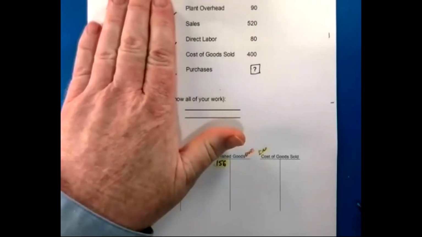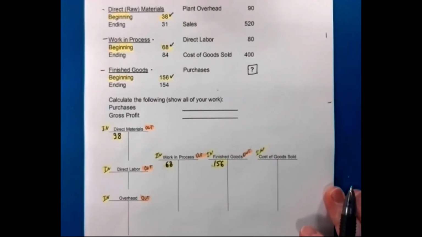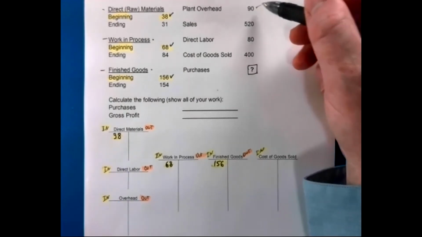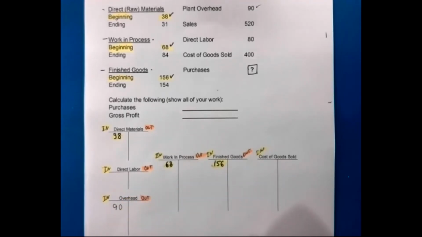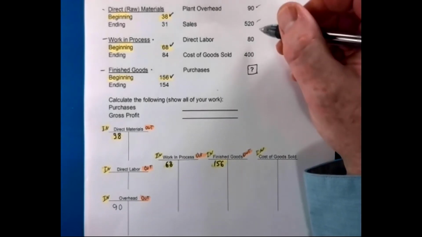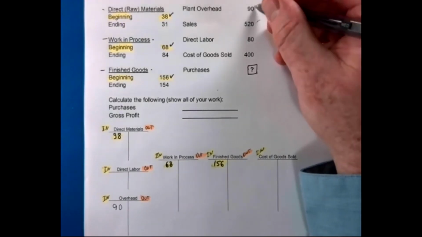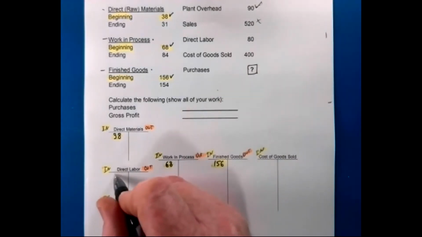So we're going to forget about this side for a moment and go to the other side. Plant overhead. There's an overhead. Sales we don't need right now. Direct labor, we can put that in, 80.